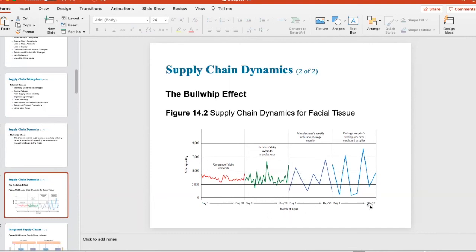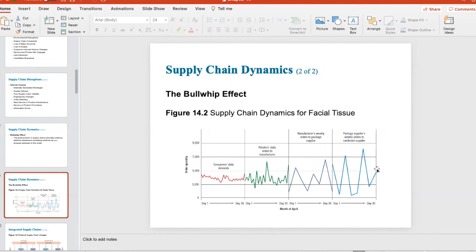So the bullwhip effect tells us that even if there is a small variation at the beginning, this variation will increase as it goes further and further back to the upstream firms. So a small variation can lead to a very high variation at the upstream firm.